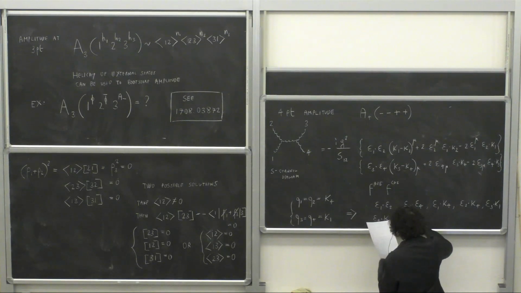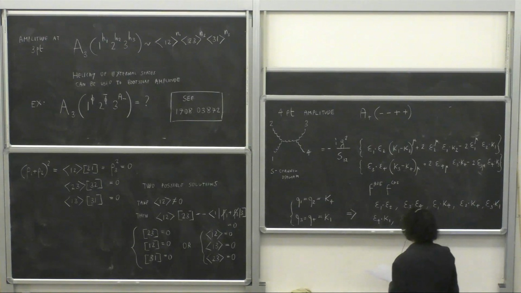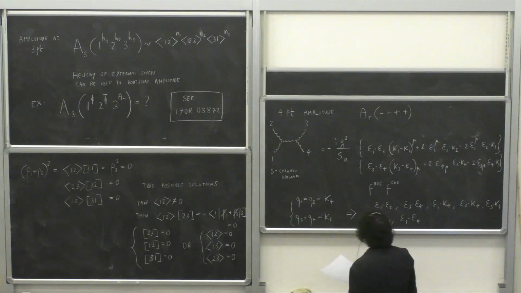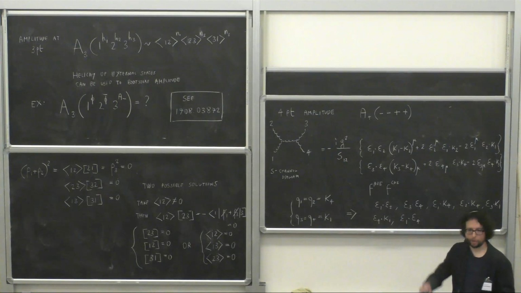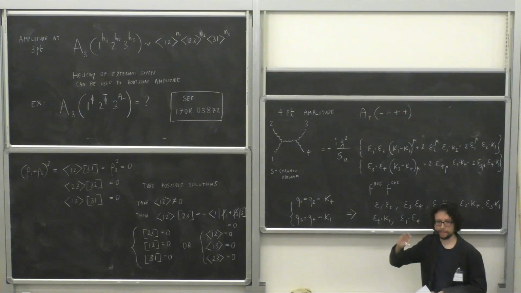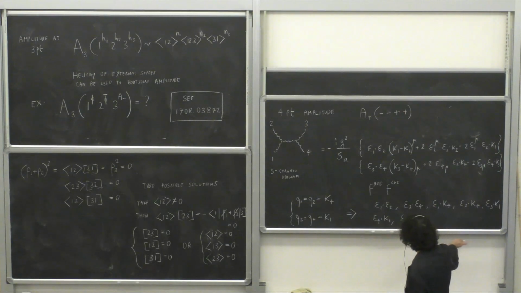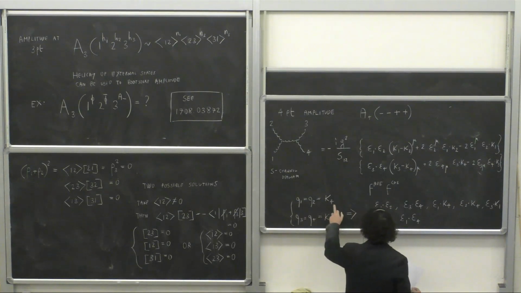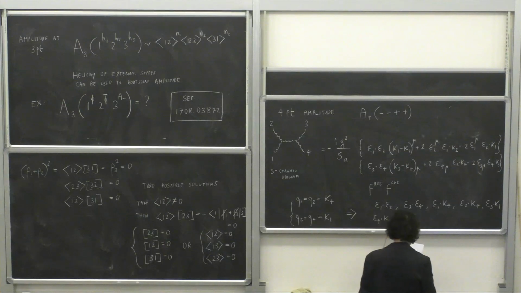And then you have epsilon 1 dotted into epsilon 4. Because they have opposite polarization, as I mentioned before, I wrote that relation, and one of you asked me why they are flipped. So they have opposite polarization, and k4 is the reference for epsilon 1.